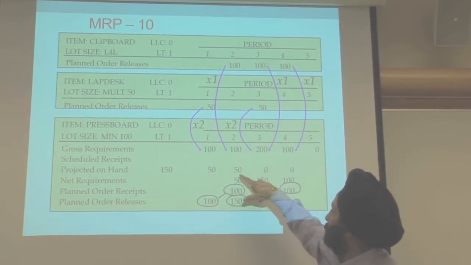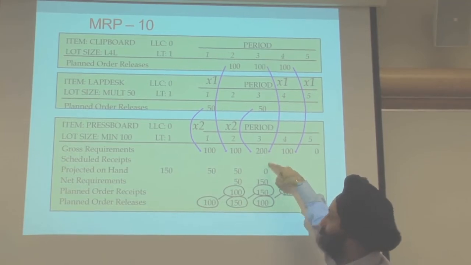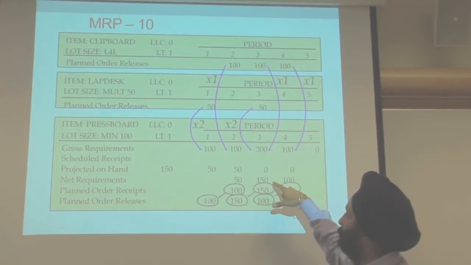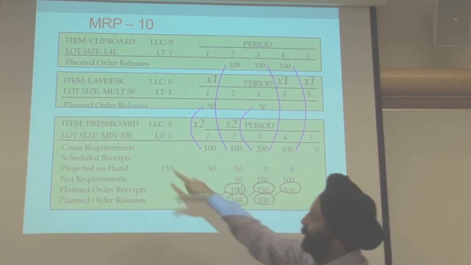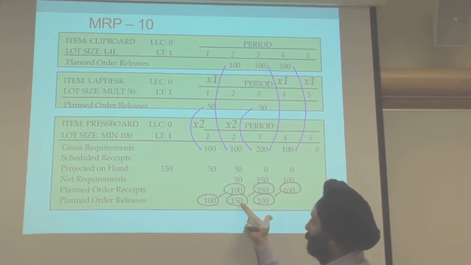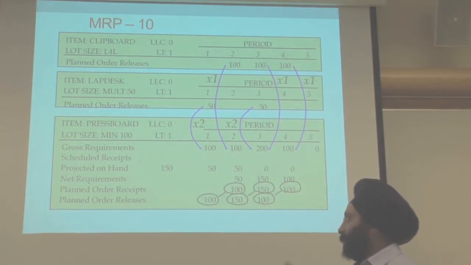Okay. Next, this 50 minus 200 gives you negative 150, which in this case becomes the net requirement of 150. Since 150 is greater than the 100 minimum, we plan on receiving exactly those 150 items over here.